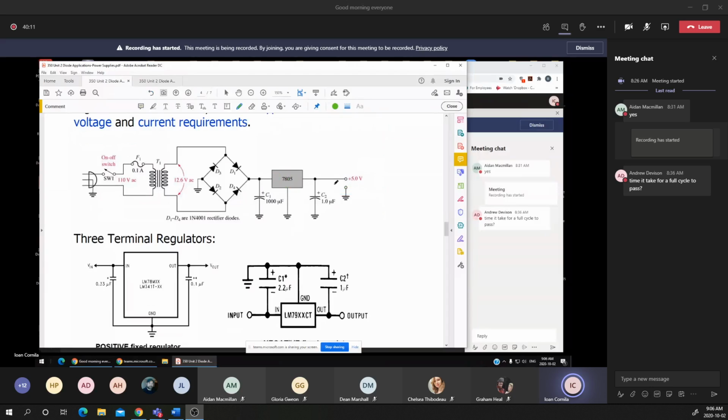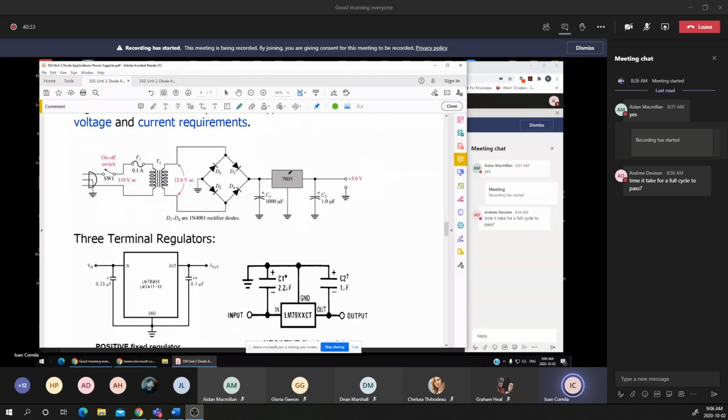We still have those 5 blocks. We have the transformer, the rectifier, the filter. The next block is the voltage regulator, which will maintain a 5 volts output voltage, and the last block will be the load.